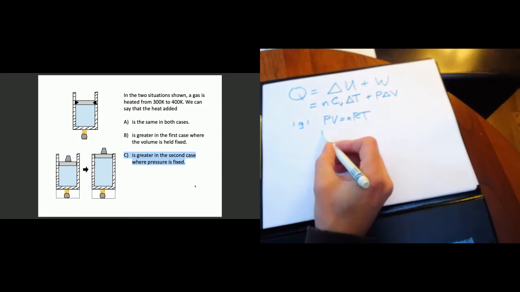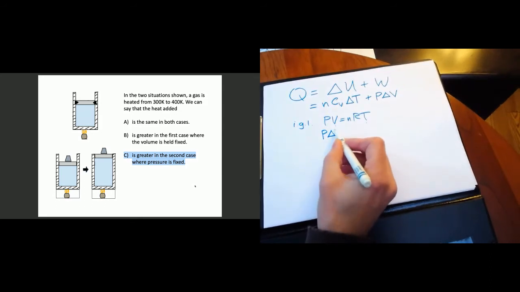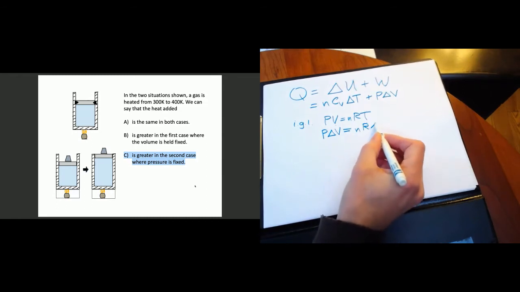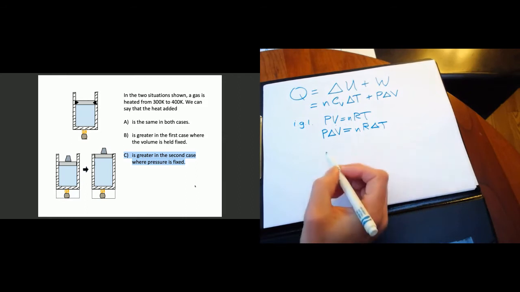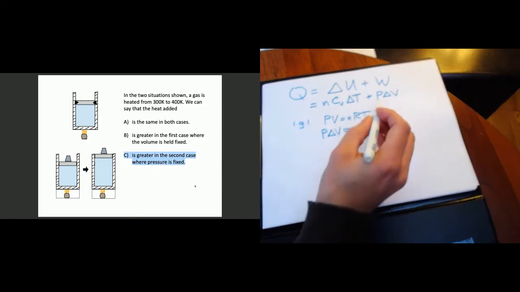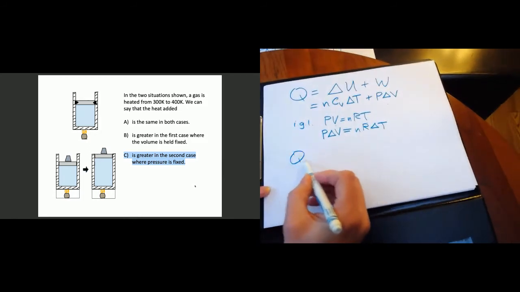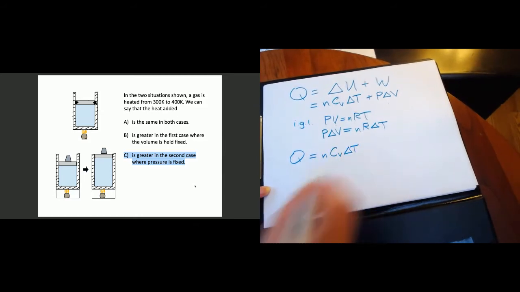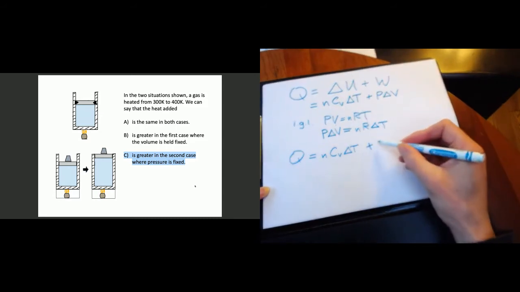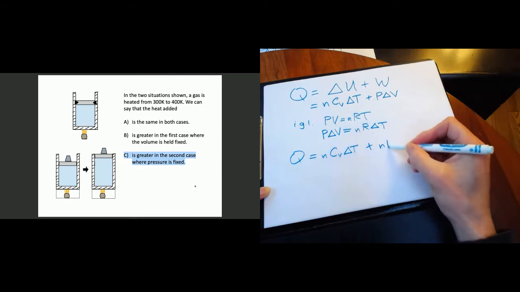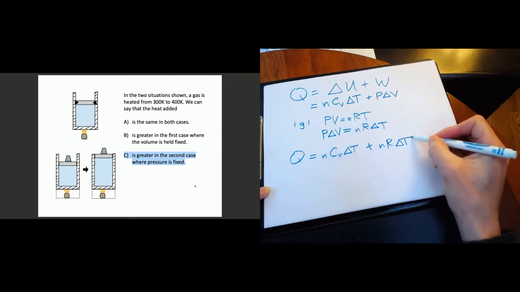And so the ideal gas law for constant pressure says that P delta V is going to be equal to nR delta T. Okay, so that assumes that the pressure is not changing here. So now we can rewrite the second term here in terms of the change in temperature. So I get Q equals NCV delta T, and then plus, now I'm replacing P delta V with nR delta T. So plus nR delta T.